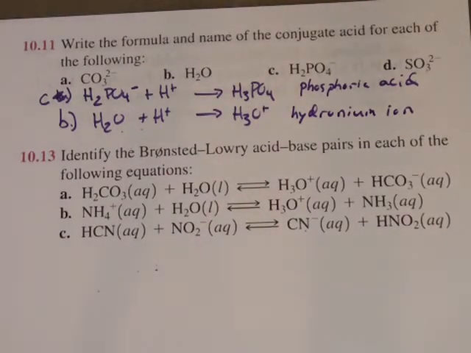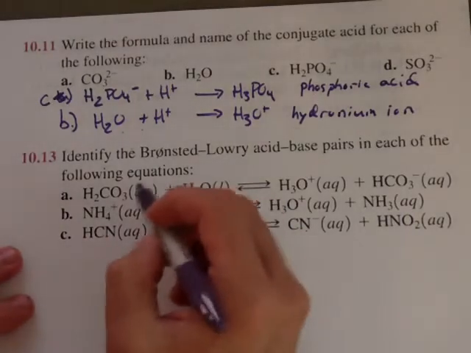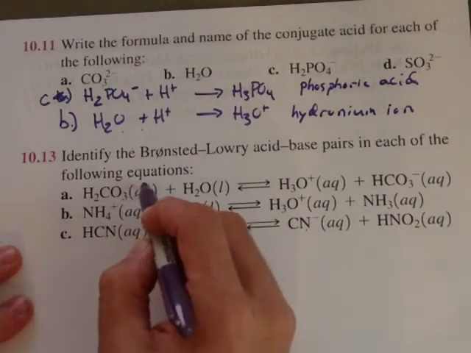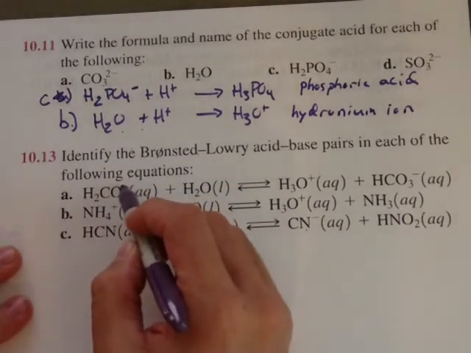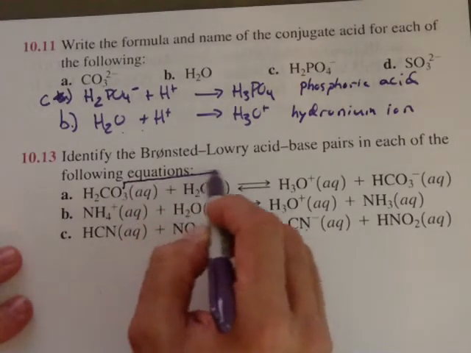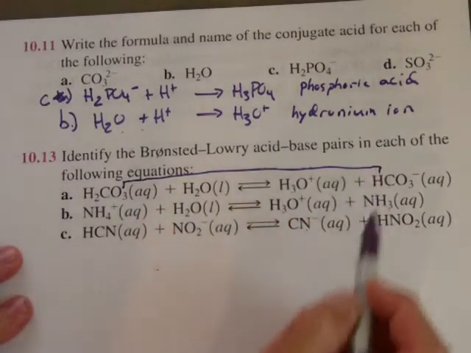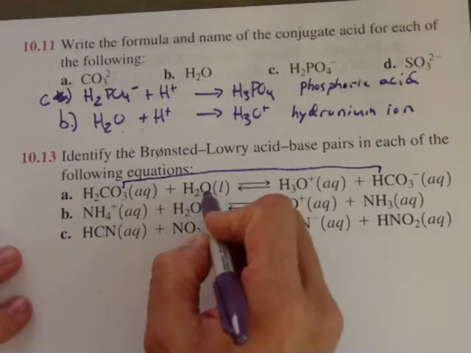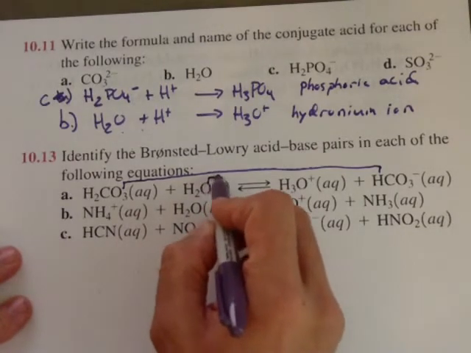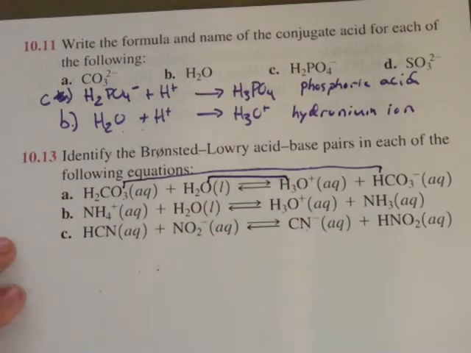And 10.3 is asking us to find the conjugate pairs. A conjugate pair are only going to differ by one acidic proton, and we have two conjugate pairs in each reaction. So we'll have the carbonic acid becoming HCO3 minus, and then the H2O with the hydronium ion.